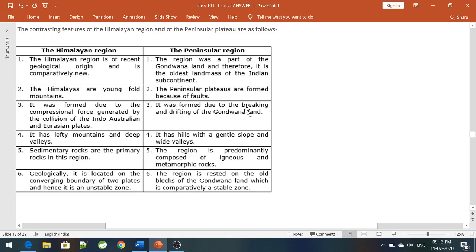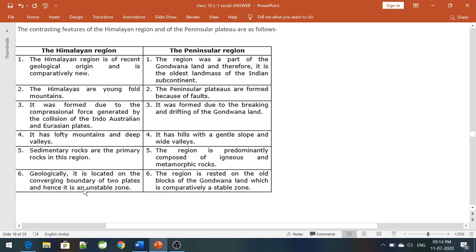The peninsular plateau was formed due to the breaking and drifting of Gondwana land. The Himalayas have lofty mountains and deep valleys. The peninsular plateau has hills with a gentle slope and wide valleys. Sedimentary rocks are the primary rocks in the Himalayan region. The peninsular region is predominantly composed of igneous and metamorphic rocks.